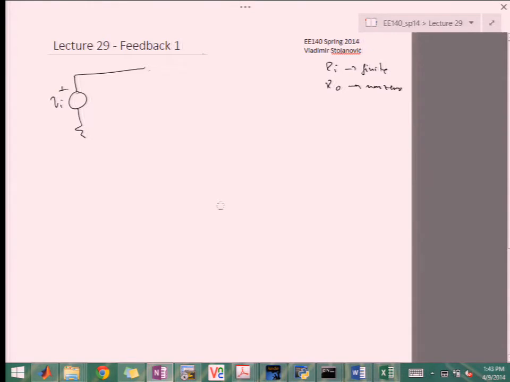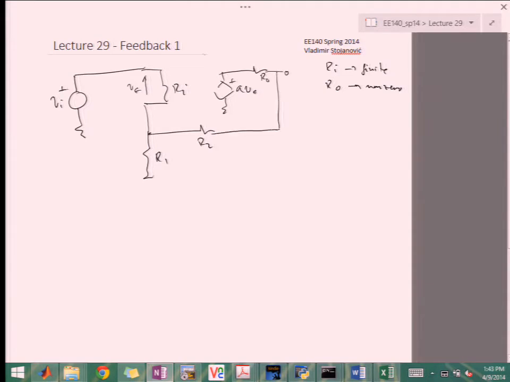Then we have something like Ri, and then we have R1, R2, and we have A times V error, R out, and then we feedback.